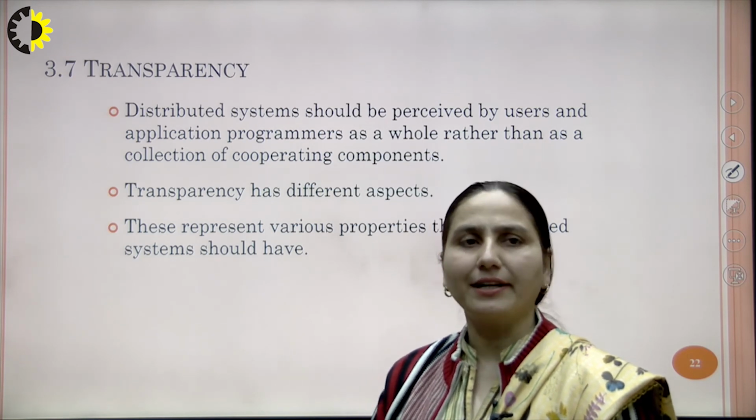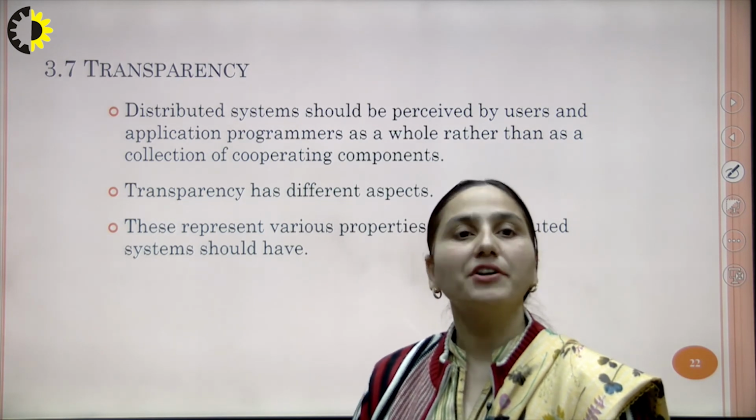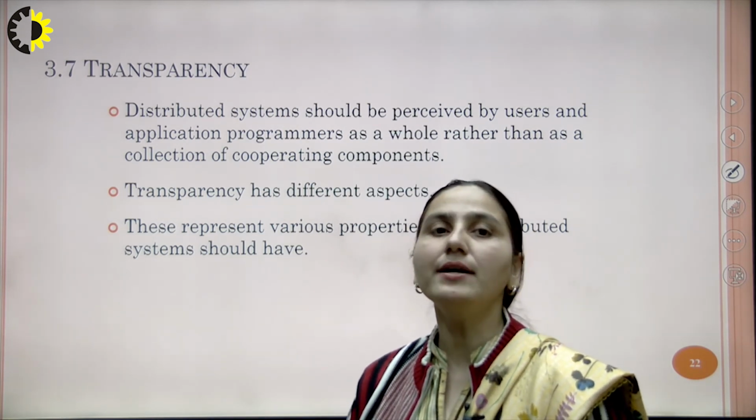Transparency, of course, has different aspects. These basically represent the various properties that a distributed system should have.